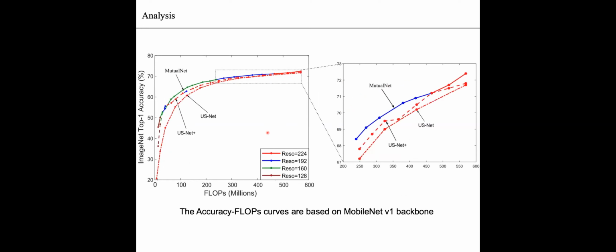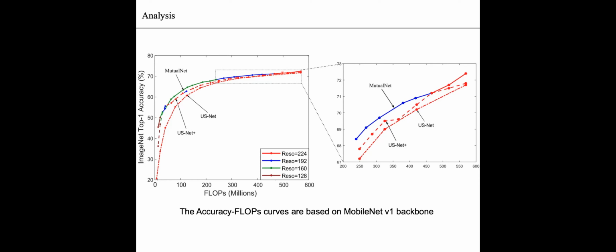And this figure shows how MutualNet is able to achieve a good trade-off between the network width and the resolution. This dashed line shows the universal slimmable network, which only considers the network width. So in order to meet the reduced computation budget, you can only slim the network's width, to keep dropping the width to meet that reduced budget.